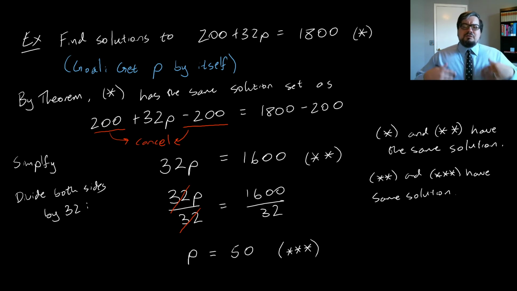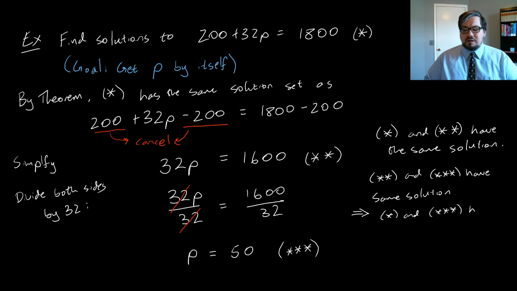But we also knew from the beginning, from our first step, that the equation single star and double star have the same solution. So if single star and double star have the same solution, and double star and triple star have the same solution, that means that therefore single star and triple star have the same solution.